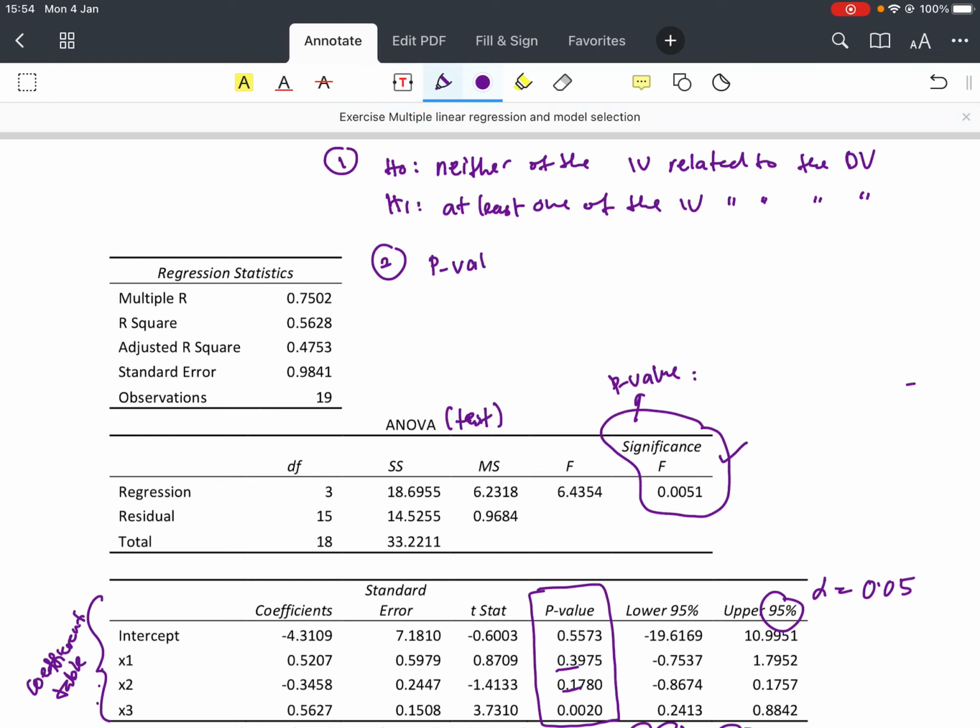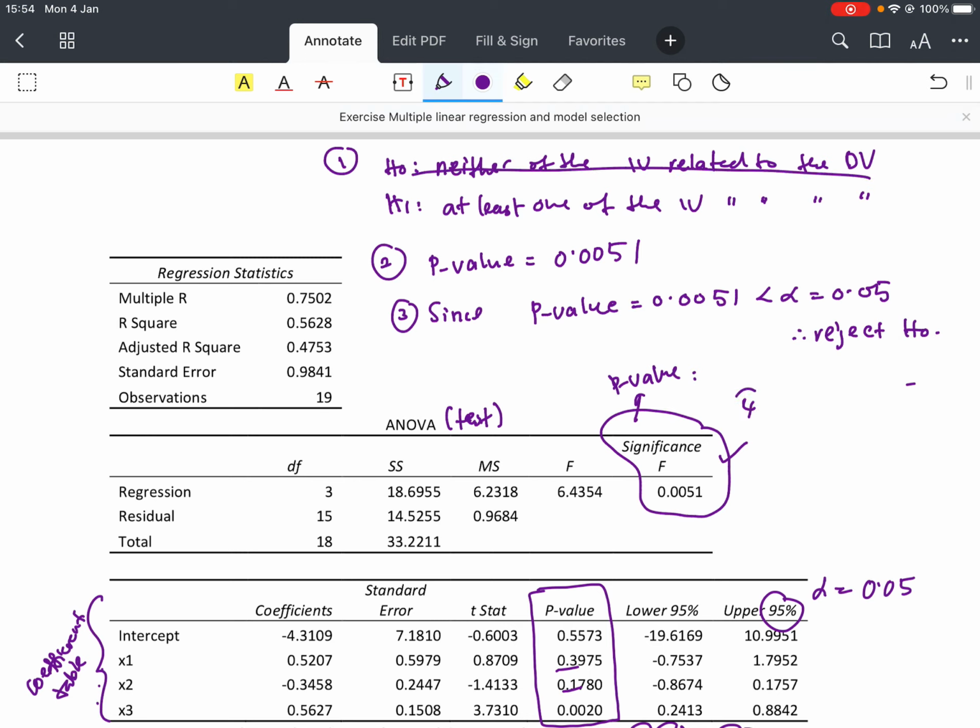So the p-value is equal to 0.0051. So step number 3, since the p-value 0.0051 is less than alpha, 0.05, you have to reject H null. So what does it mean if you reject H null?